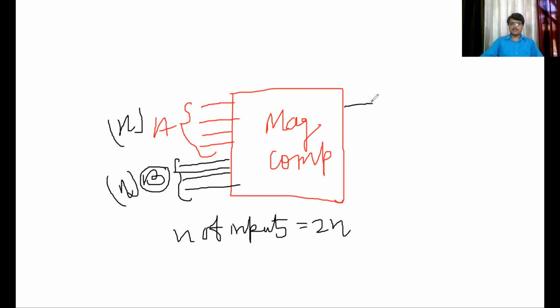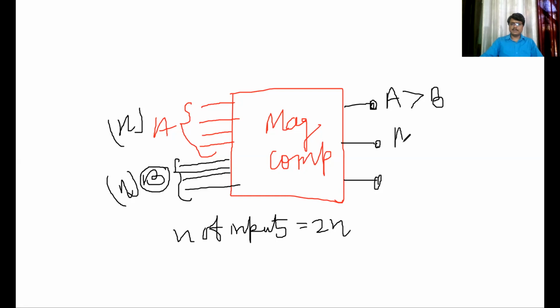And how many outputs may be there? There will be three outputs. One for A is greater than B. If A is greater than B, then this will be high, and these other two will be low.